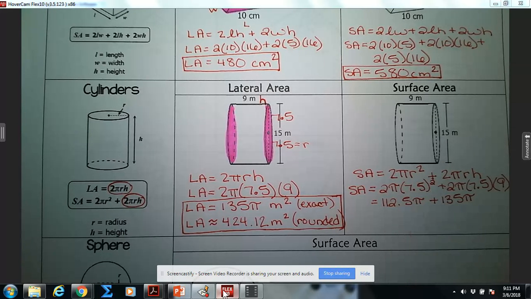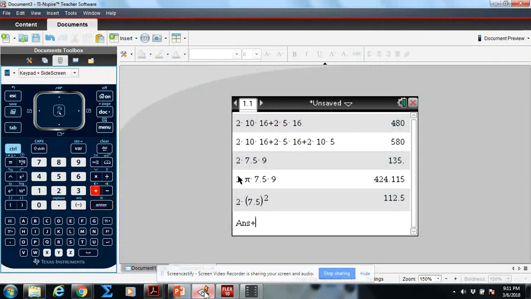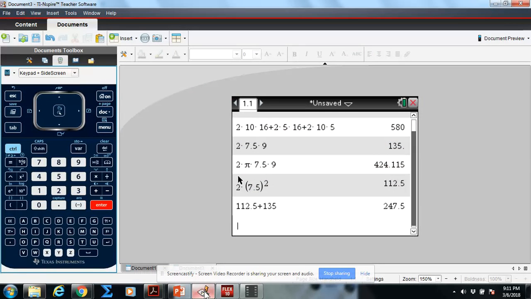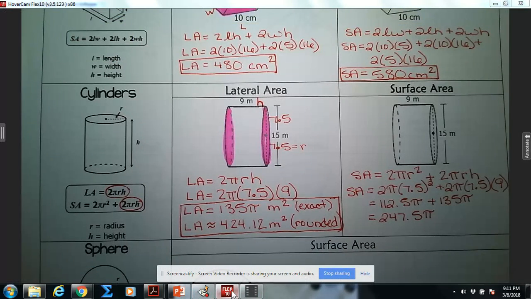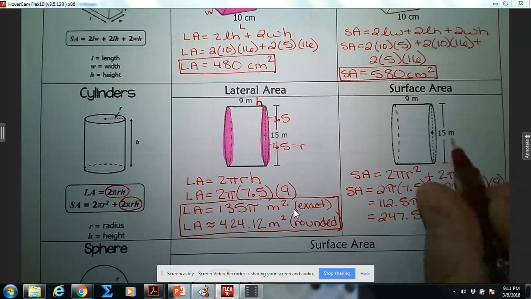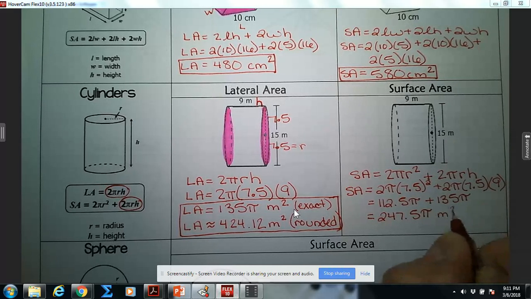Okay, they both have pi, so I can just add 112.5 plus 135, excuse me, for a total of 247.5 pi. Now that's our exact area. Exact area. We want to put our unit on there, that's meters squared.